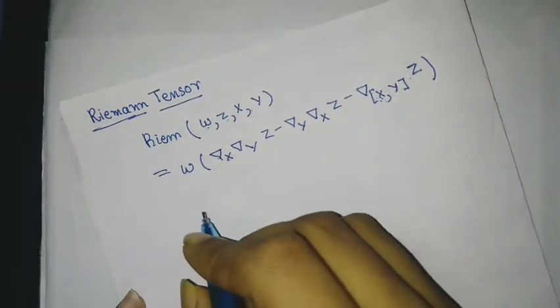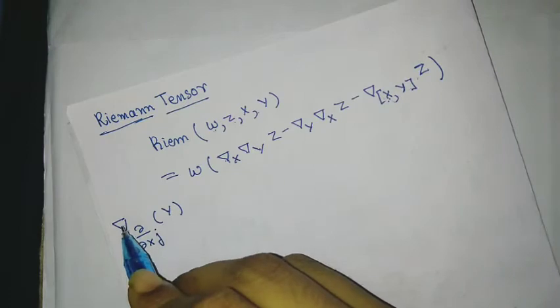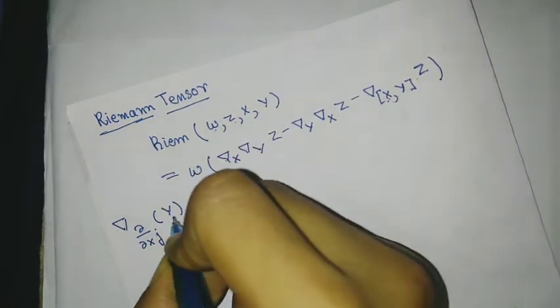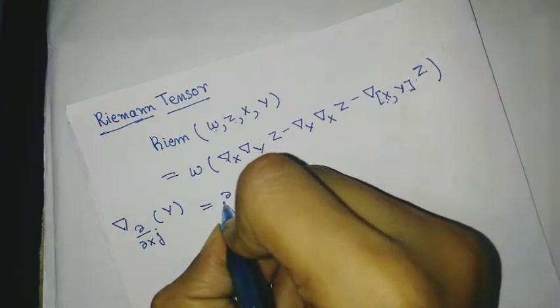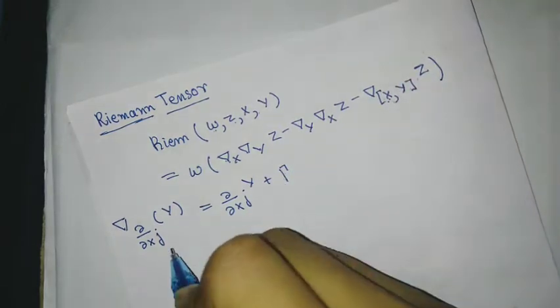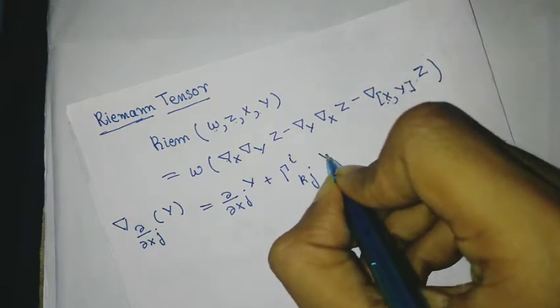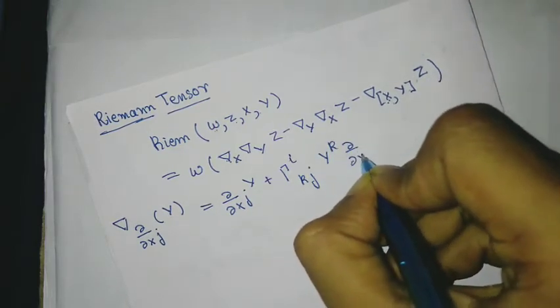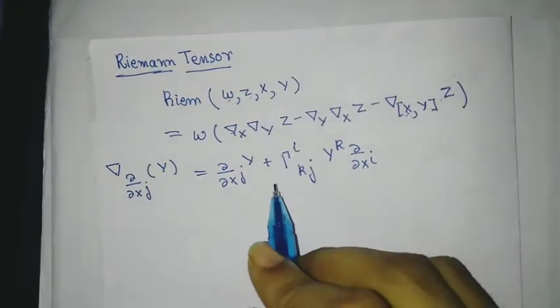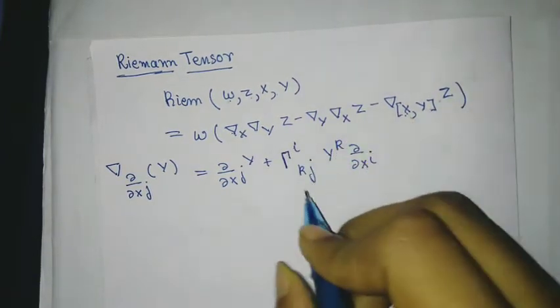One more thing is that one formula will be useful, how this connection acts on a vector. So this is the way it acts, where these are the connection coefficients.